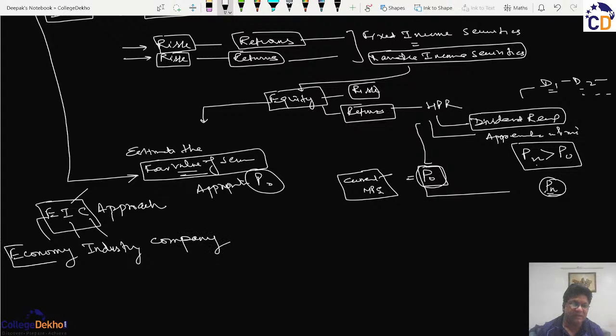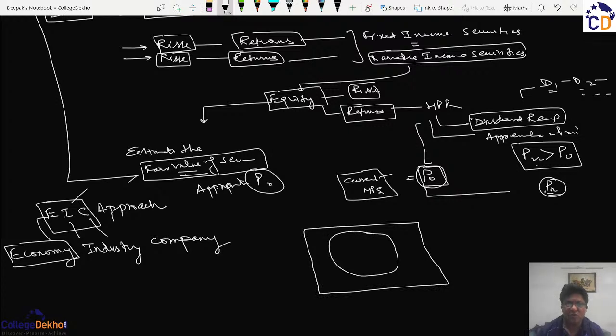You analyze the economy, which is the overall domestic territory within the parameters of which your industry is working. For example, if we say India, the Indian economy will support various sectors, which can be metal sector, chemical sector, IT sector, financial sector, NBFC sector. So they denote the industry.